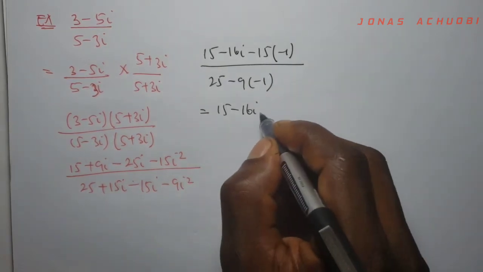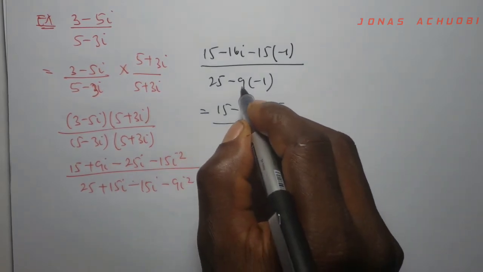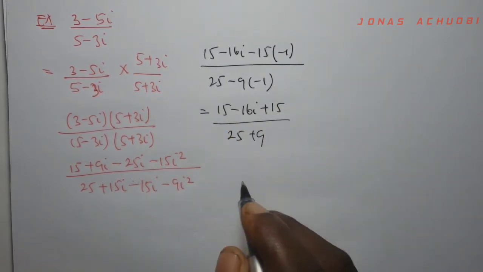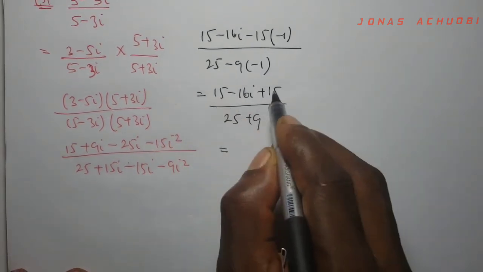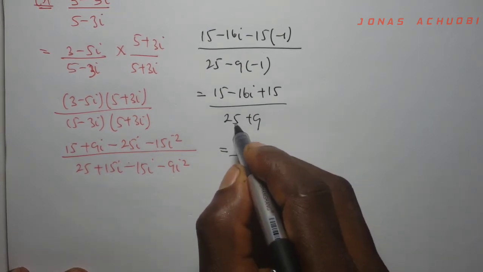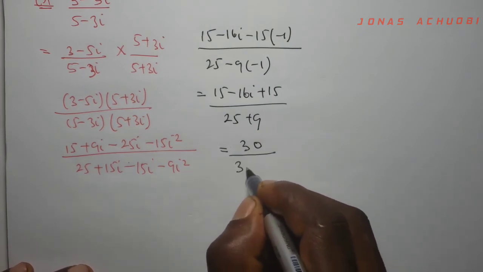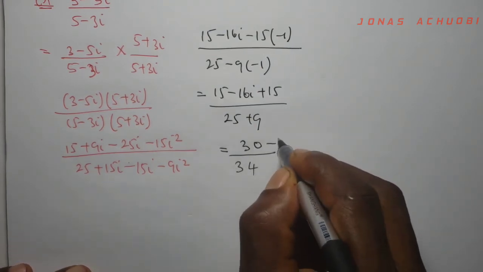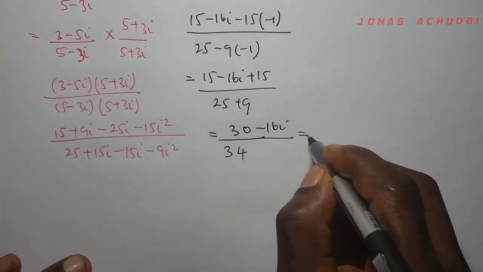Minus 15 times minus 1 is plus 15. Divide by 25. Minus 9 times minus 1 is plus 9. So this is equal to 15 plus 15 is 30, divided by 25 plus 9, which is 34, minus 16i.